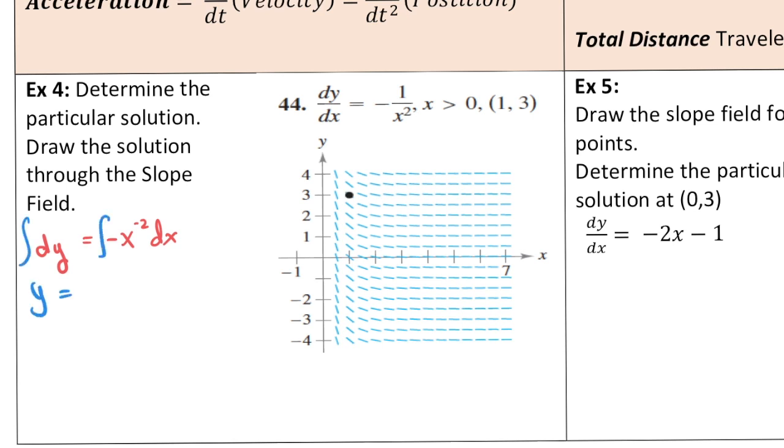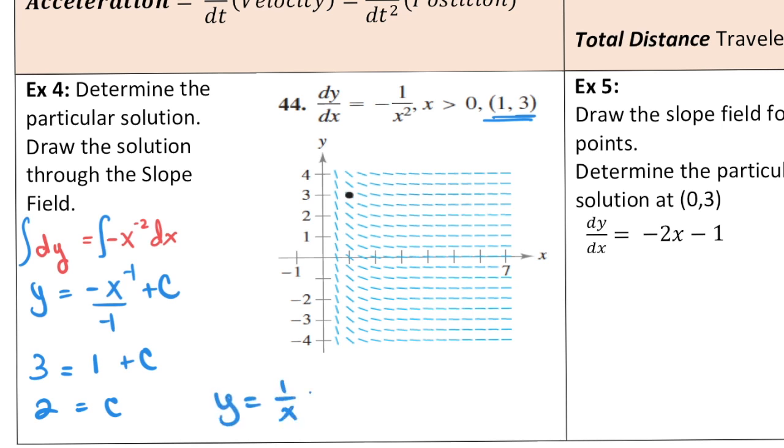We have y equals negative x to the negative 1 divided by negative 1 plus c. Now we're told that we're going to pass through the point (1, 3). So 3 must be equal to positive 1 plus c, or c equals 2. So the function we're dealing with is y equals 1 over x plus 2.